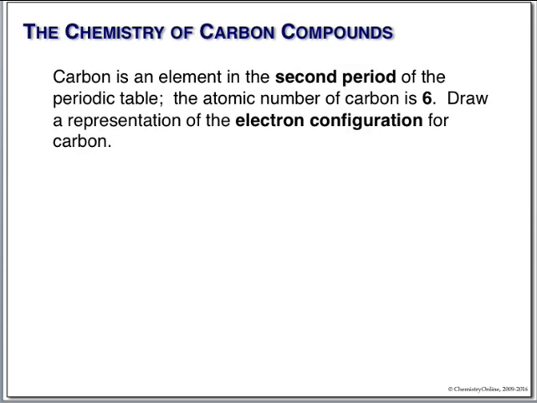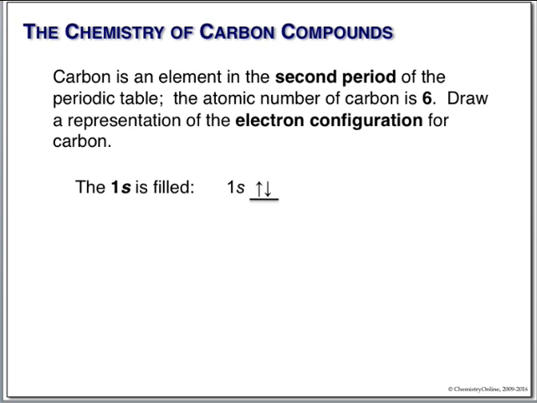Now, if we look at carbon in our periodic table, it's in the second period, atomic number of 6. If we were to draw the atomic structure, because it's in the second period, the first is full. So it has 2 electrons. First only has an S, so we have 2 electrons in our 1s.